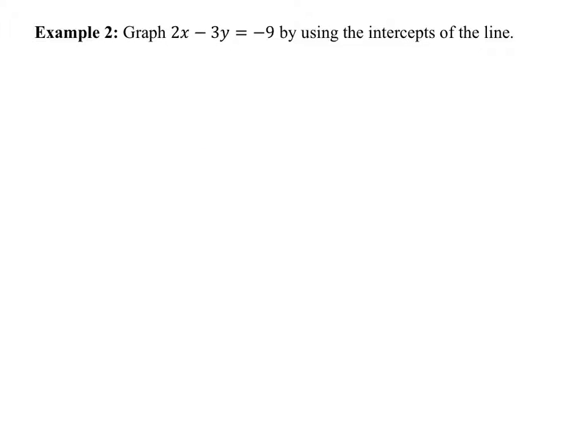So let's do that for this one, please. Some of you probably already jumped ahead, that's fine. Go ahead and find the intercepts right away. Find the x-intercept by setting y to 0. Find the y-intercept by setting x to 0.